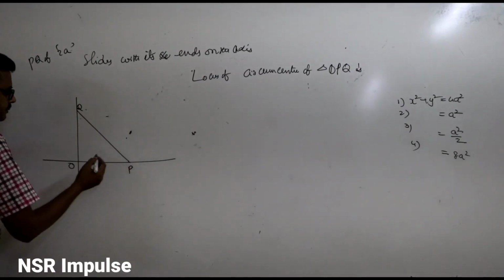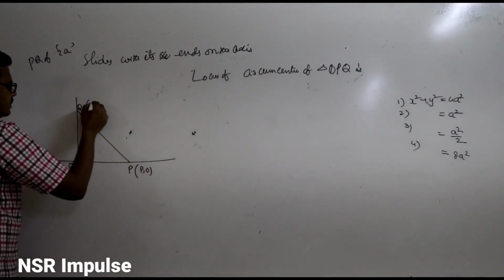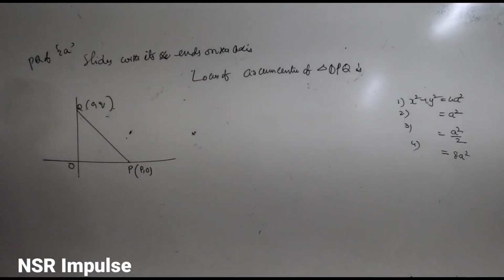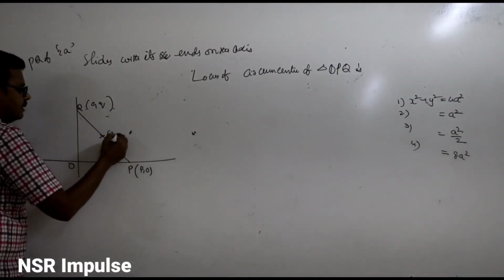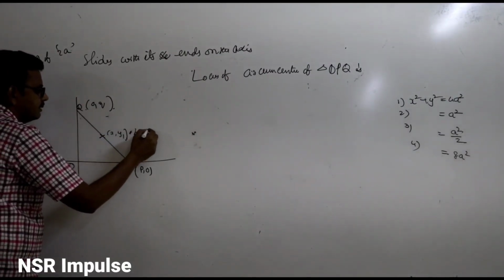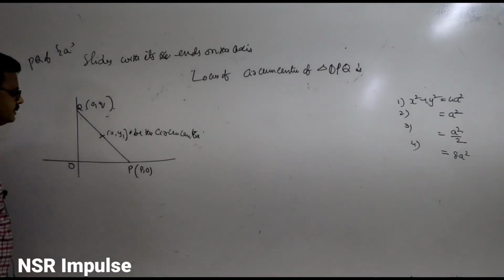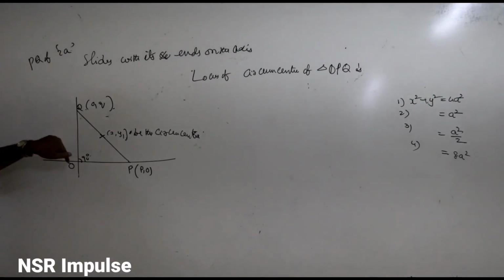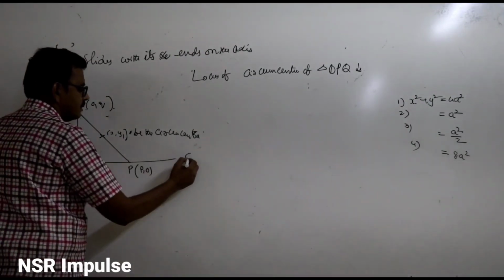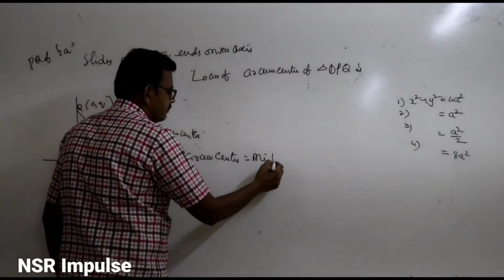Let the coordinates be P comma 0 and 0 comma Q. See here, let x1 comma y1 be the circumcenter. Since the triangle is a right angle triangle, circumcenter is equal to midpoint of hypotenuse.